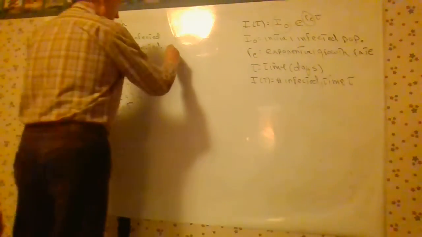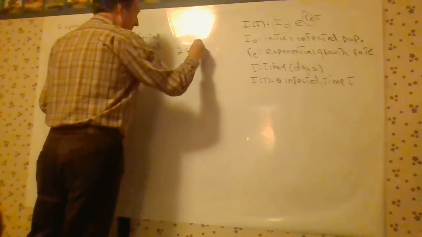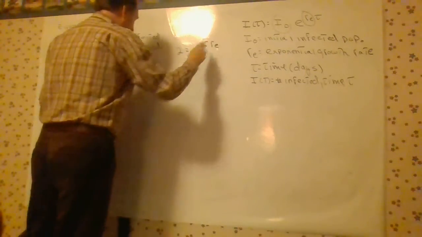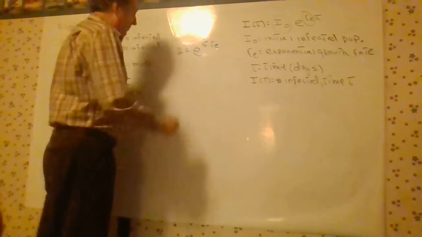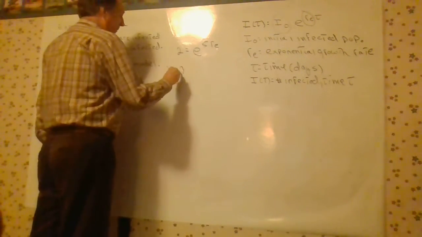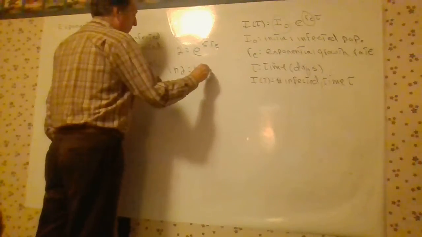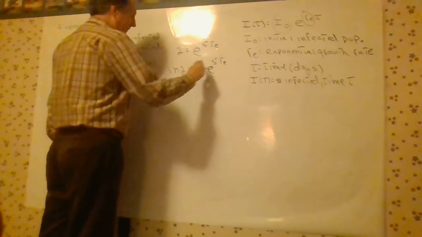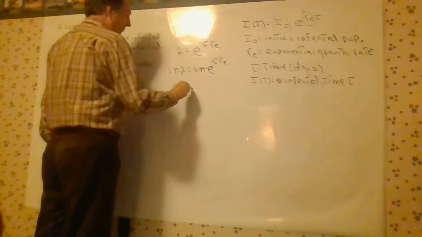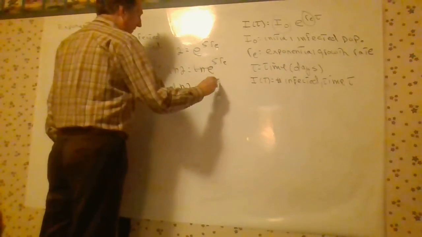Let's bring it up here, and we get 2 equals, here 20 cancels, e to the 5 RE. And then we're going to cancel out e by taking the natural log of both sides. Natural log of 2, natural log e to the 5 RE. That cancels. ln2 is equal to 5 RE.